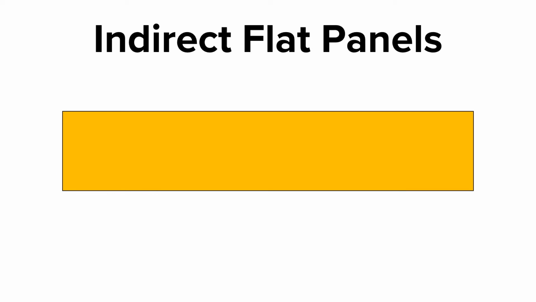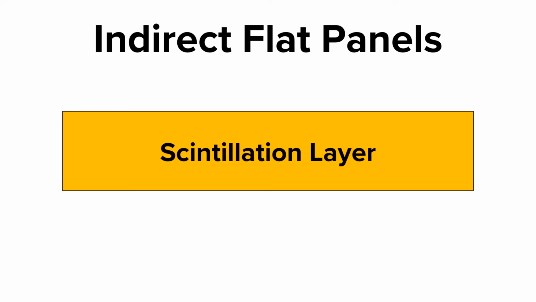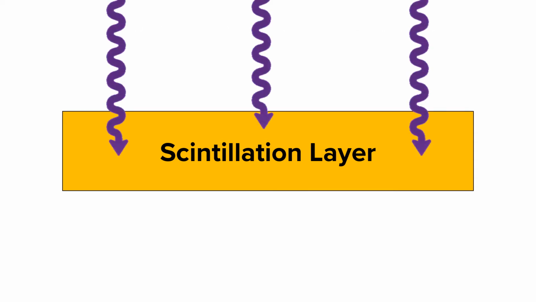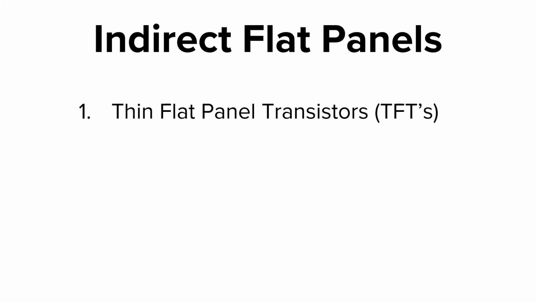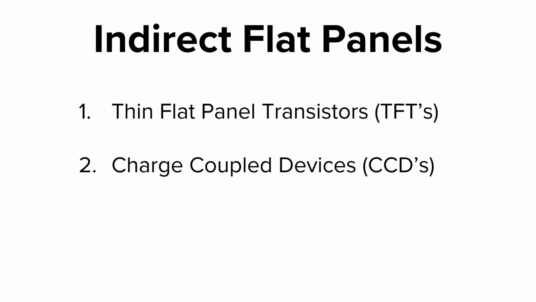Indirect panels use a scintillation layer. A scintillation layer converts X-rays into visible light. The two types of indirect flat panels are a thin film transistor and a charge-coupled device.